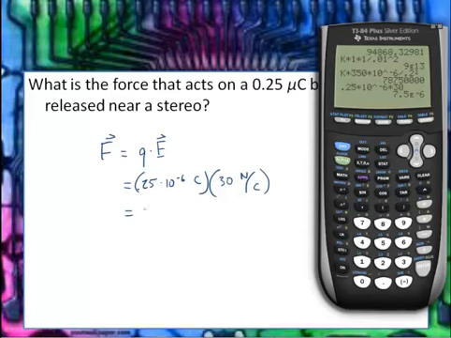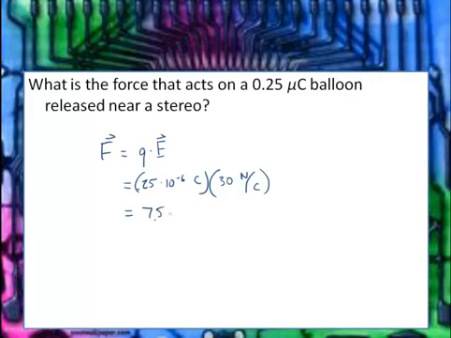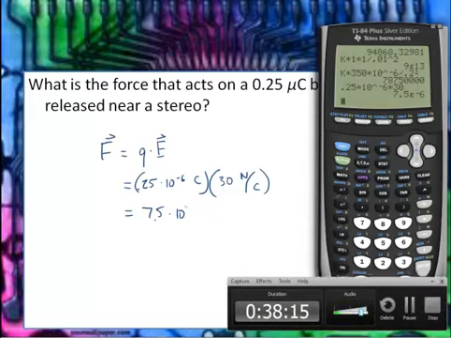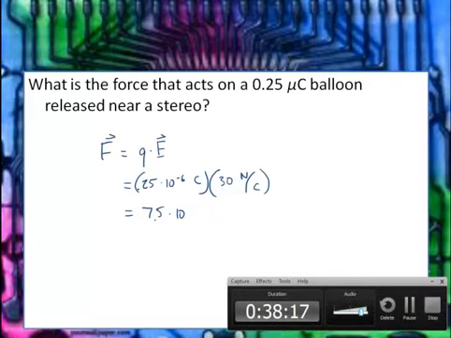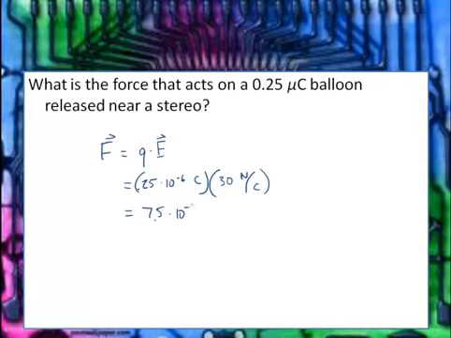But anyway, 7.5 times 10 to the negative 6th, and that would be in newtons. So that wouldn't be too big of a force, but yeah, I guess that is what I've got going on here unit-wise. All right, so anyway, 7.5 times 10 to the negative 6 newtons.